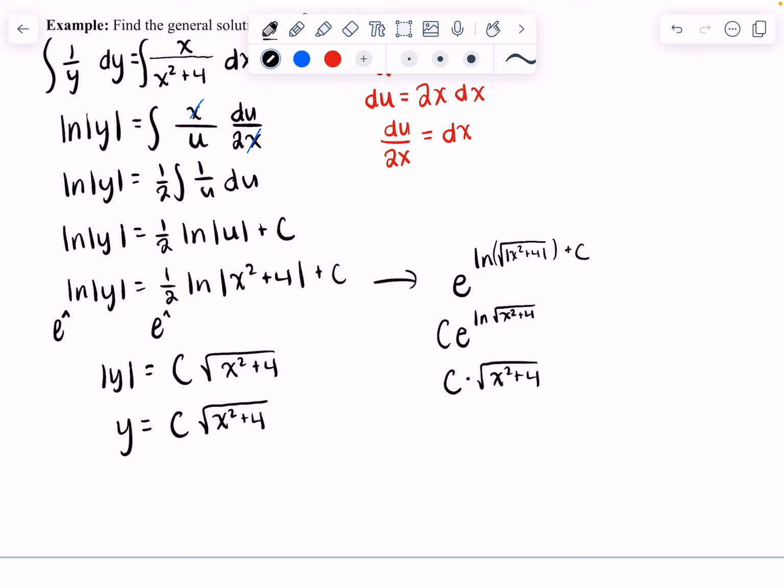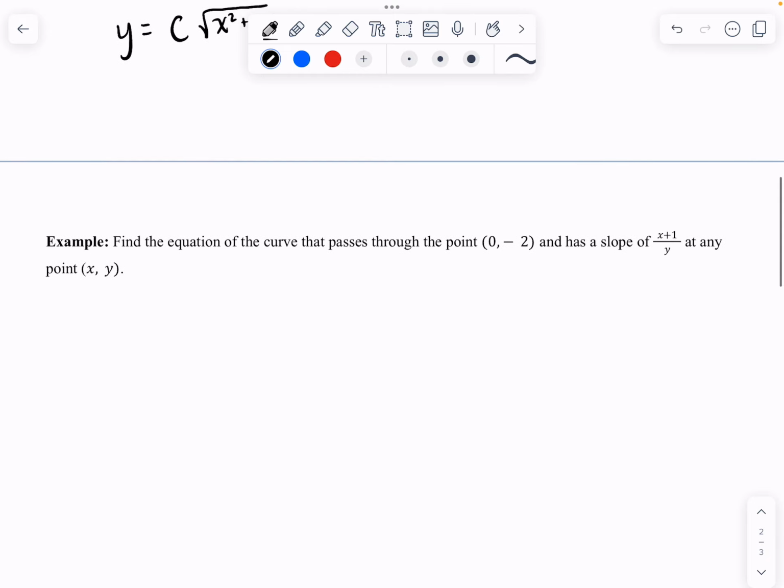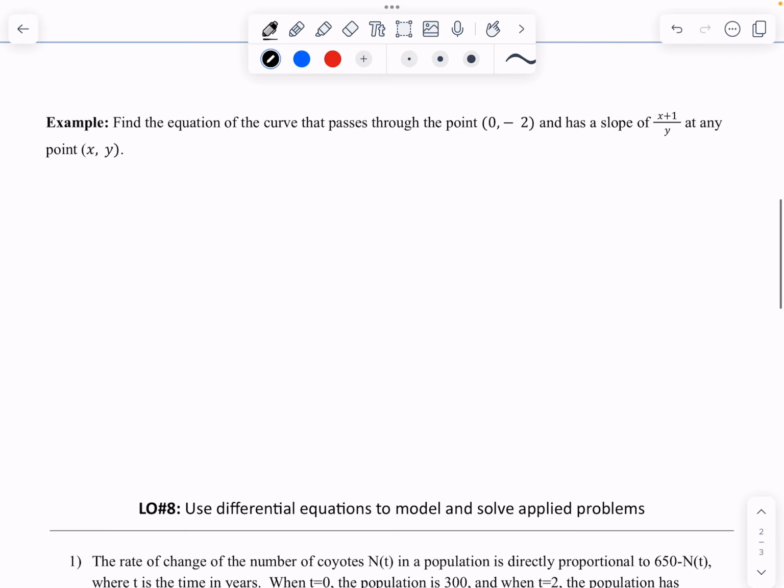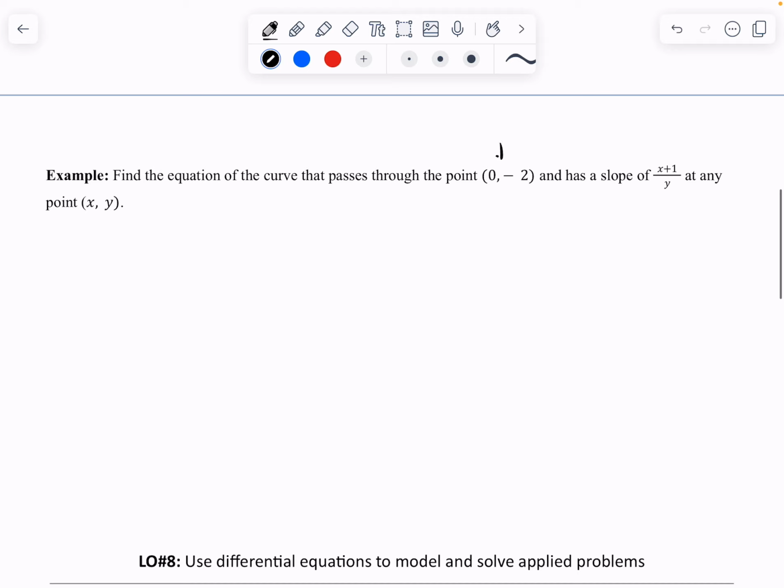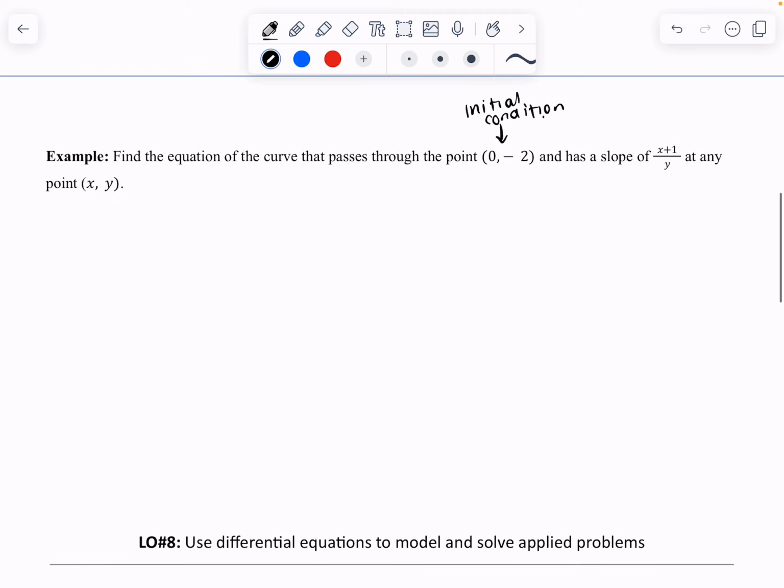All right, let's try another one where the wording is slightly different. In this one, we have: find the equation of the curve that passes through the point (0, -2). That is our initial condition. And has a slope of x plus 1 over y at any point (x, y).